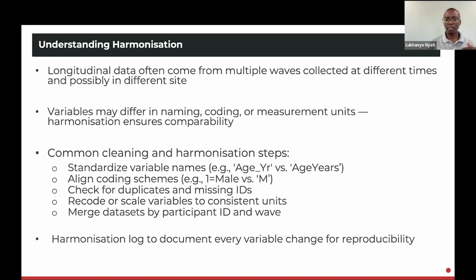And some of the common issues that we experience in harmonization, the example that I gave yesterday, is unstandardized variable names. Somebody else may give a different name for age in years. So this is something that needs to be decided right up front, that we're going to call it either age underscore year, or age years.